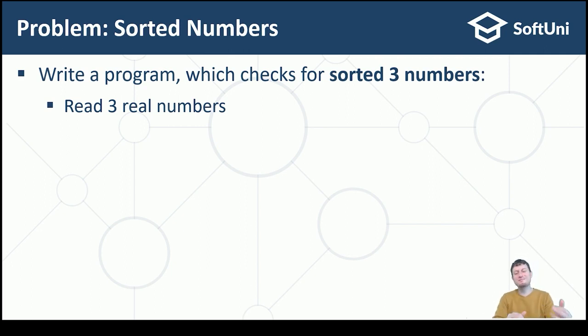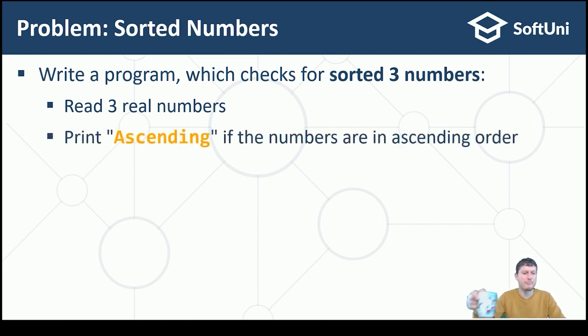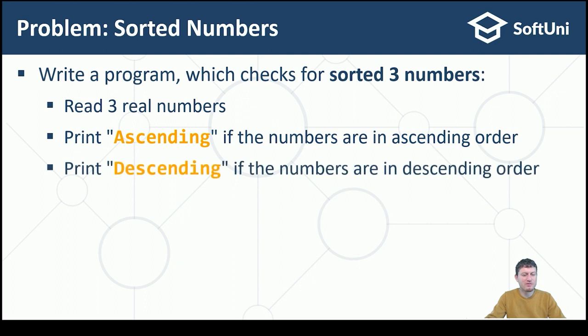The next problem is called sorted numbers. The goal here is to write a program which checks whether a given series of numbers are arranged in non-decreasing order or not. So we read three numbers and we print ascending if the numbers are in ascending order.